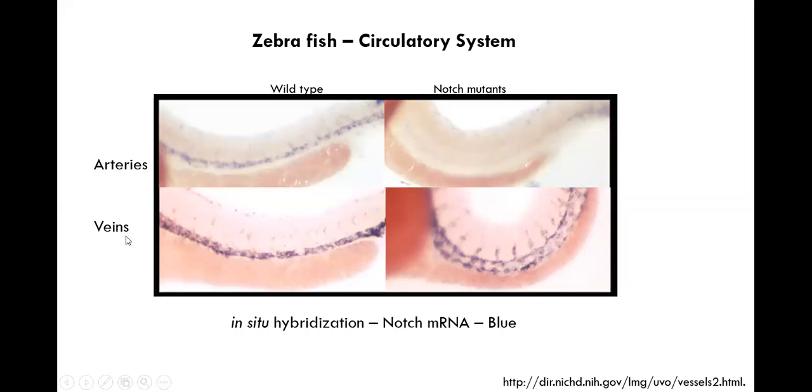Very interestingly, they also saw that veins were produced in double the amount. So notch probably regulates the proper number of veins and arteries produced during development. If a mutation happens, it is absolutely necessary for artery development and for controlling the number of veins. Okay? So they used in situ hybridization.